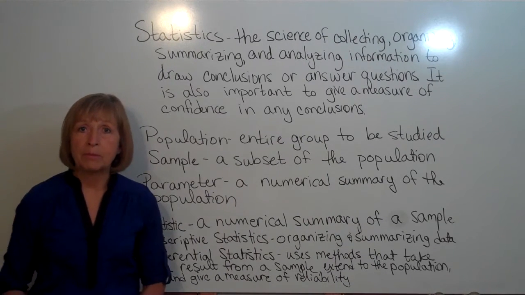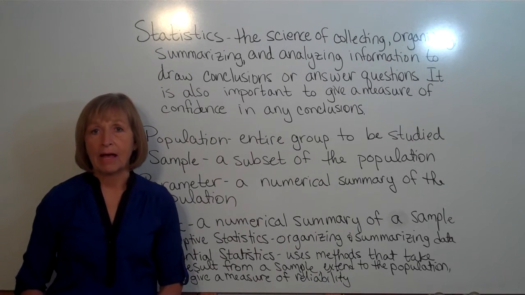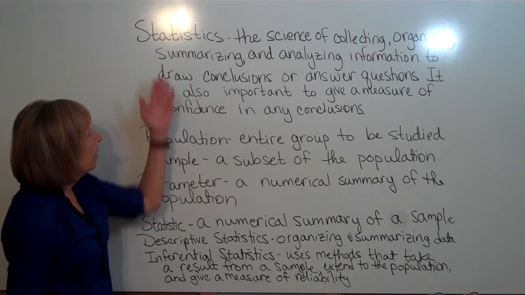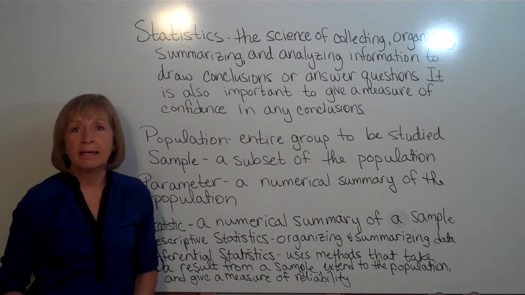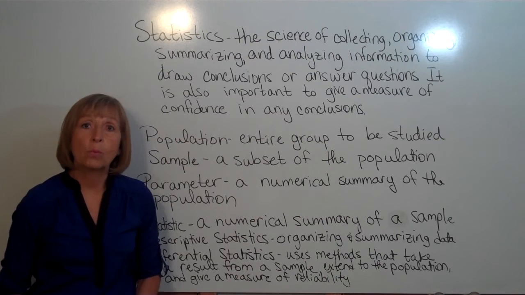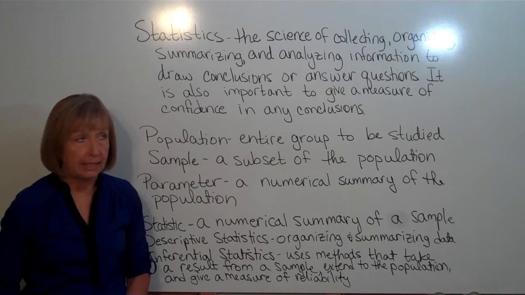So let's look at the vocabulary words and then some examples of how we identify them. So first, statistics. Statistics is one of those words that has a lot of different meanings, and it really depends on what context you're using it in.